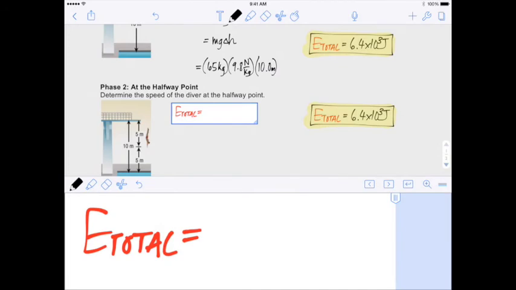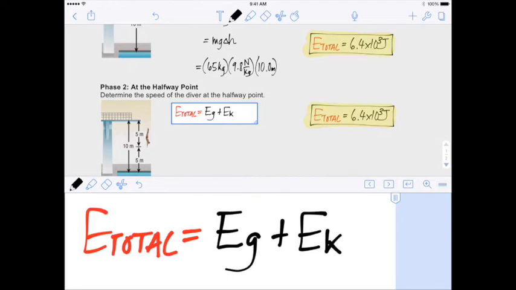At the halfway point, the diver is above the water. He's 5 meters above the water. So as a result of his height above the water, he has gravitational potential energy. But he's falling towards the water with speed. So as a result of his speed, he also has kinetic energy at this stage of his dive.